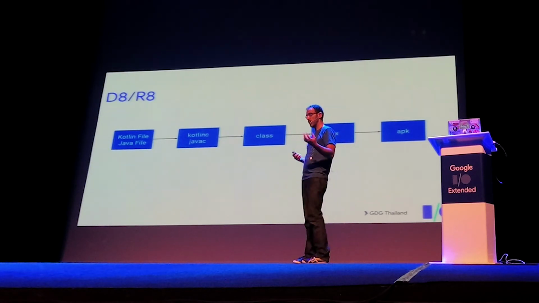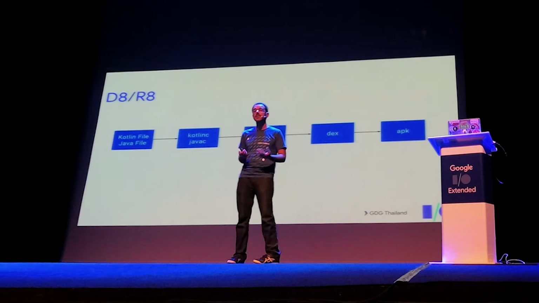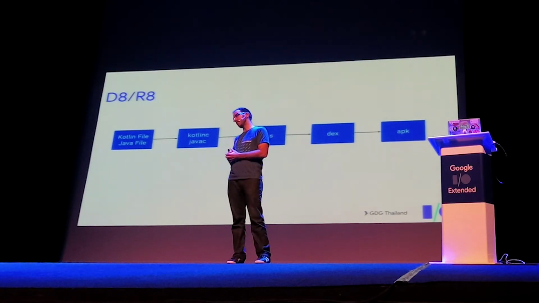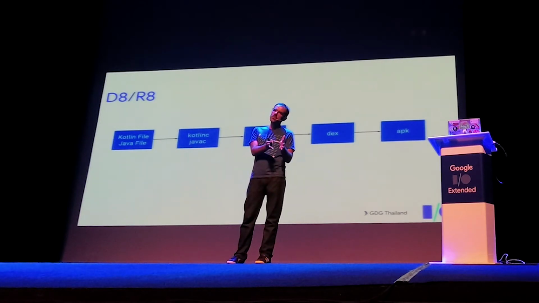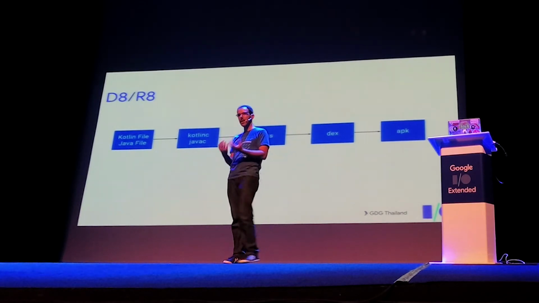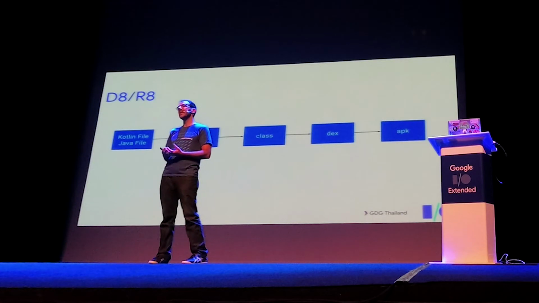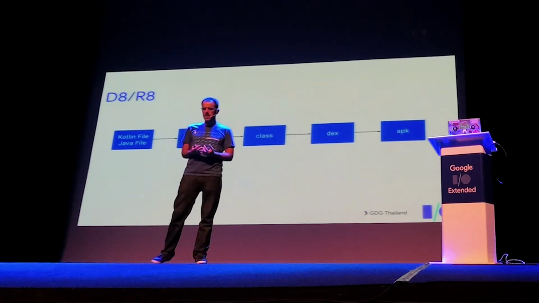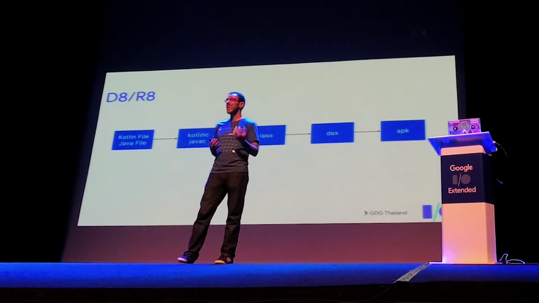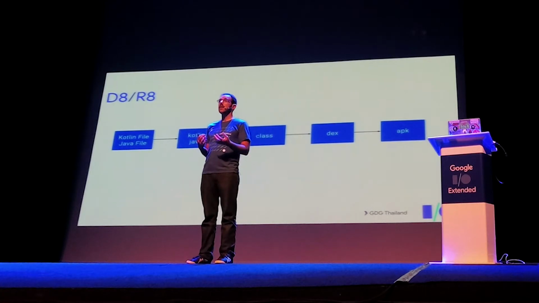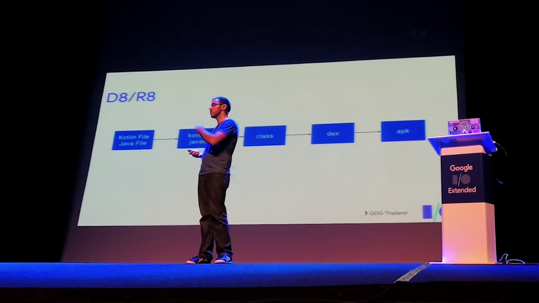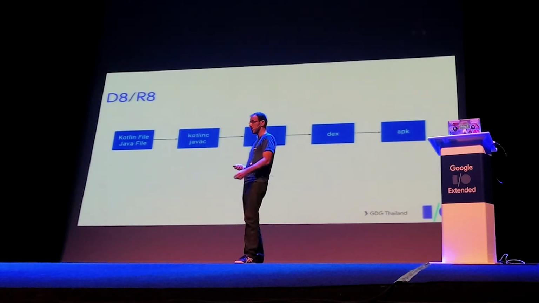The Kotlin compiler or the Java compiler generates a class file, a bytecode file, and then we need to translate this bytecode to Dalvik bytecode. That is going to generate a DEX file. DEX means Dalvik executable, and the APK is going to use this DEX file.